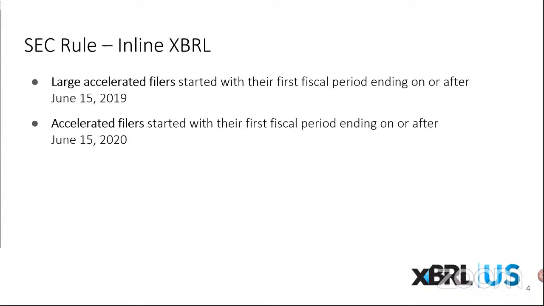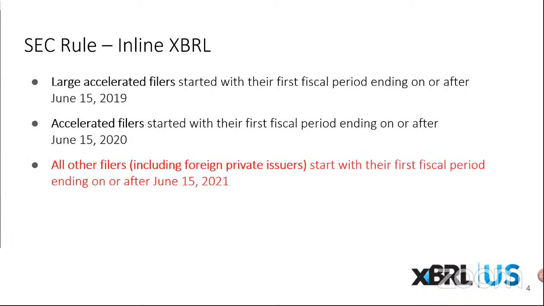Accelerated filers joined the mix with their first fiscal period after June 15th, 2020. And now all other filers, including foreign private issuers, will start with their first fiscal period ending on or after June 15th, 2021. So this means for calendar year filers, that would be your second quarter report for 2021.